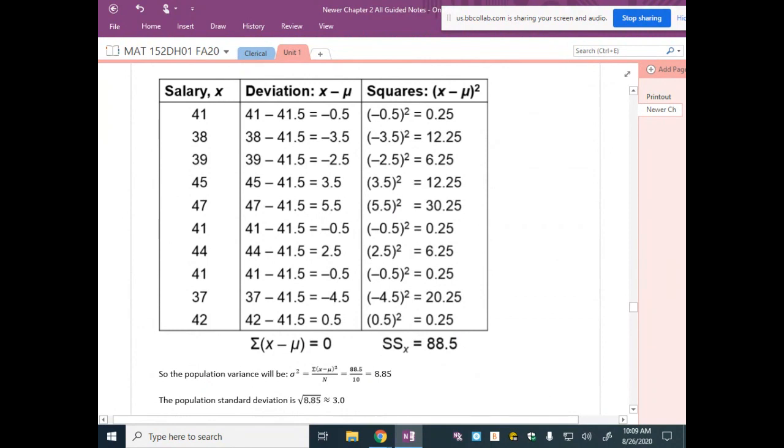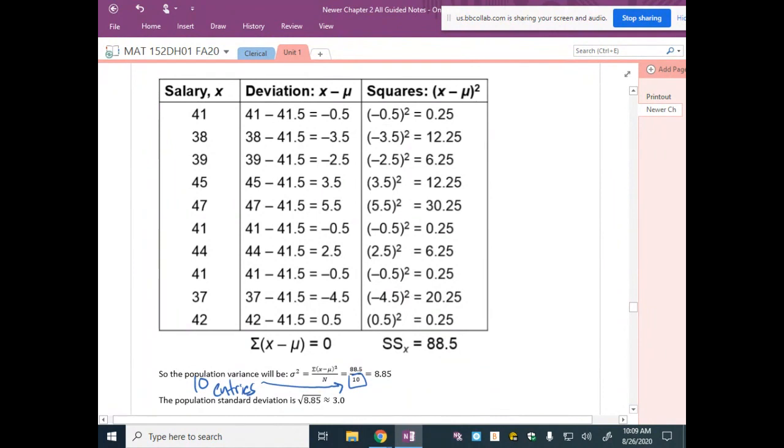The sum of squared differences is in fact 88.5. So the population variance, we take that 88.5 and divide it by 10. The reason it's divided by 10 is because there are 10 entries.